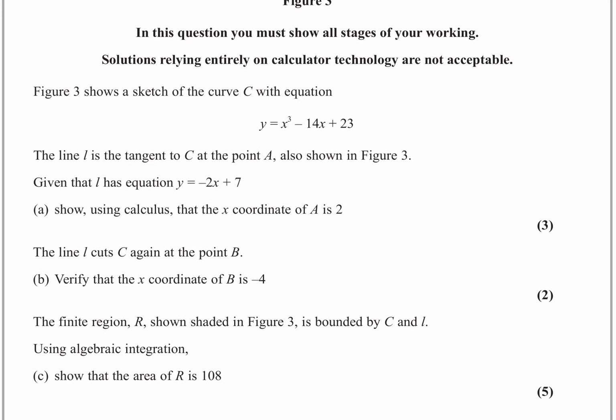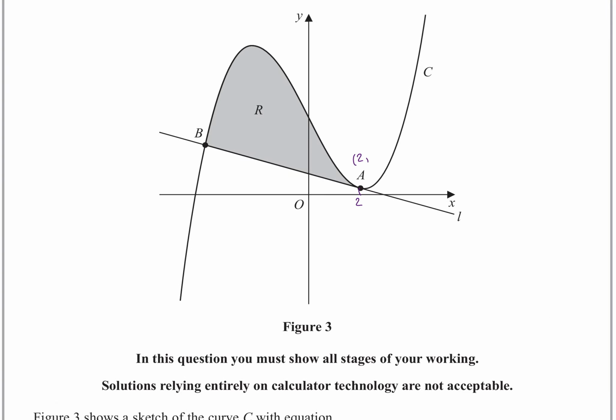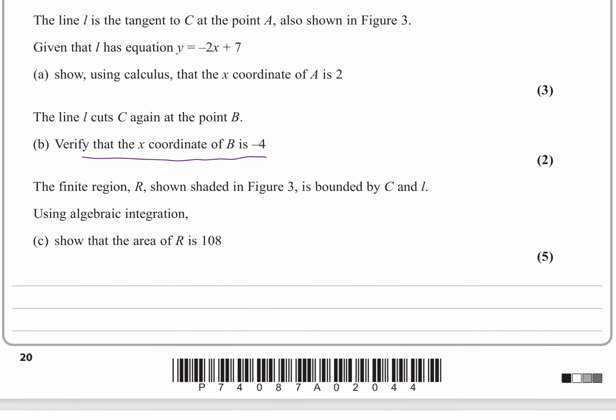Let me look at part B first. We need to verify that the x-coordinate of B is -4. We can do that using the intersection of the line and the curve, and I think that's the easiest way to do it.